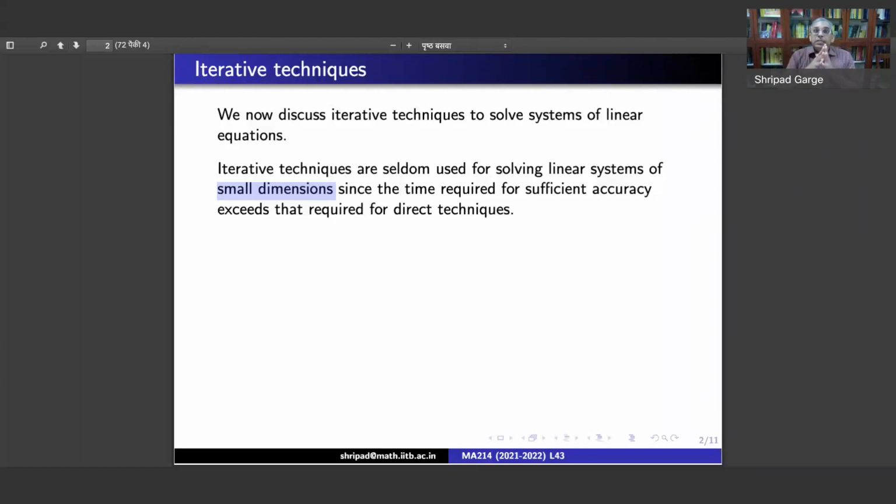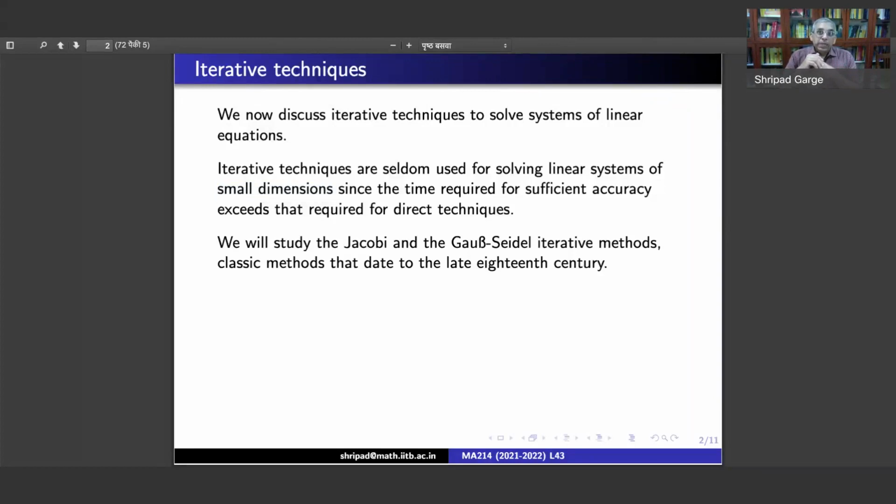For small dimensions, say 3 or 4, we would normally go for direct methods. But when you have huge data, a big number of equations and variables, then you would go for iterative techniques.